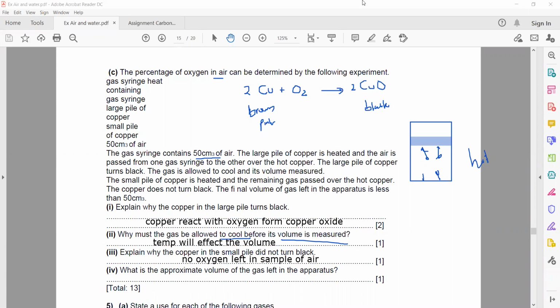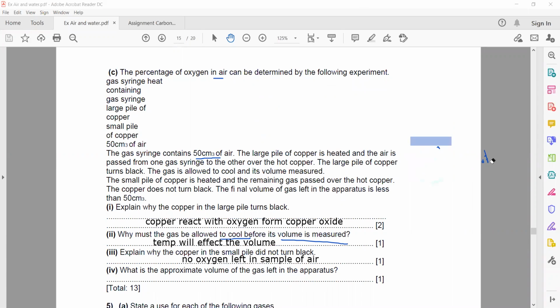Look, as we know, what is the amount of oxygen in air? Air contains 21% oxygen. So the percentage of oxygen is equal to the volume of oxygen divided by the volume of air, multiplied by 100.